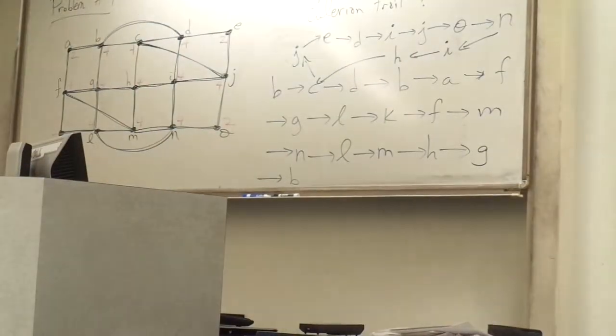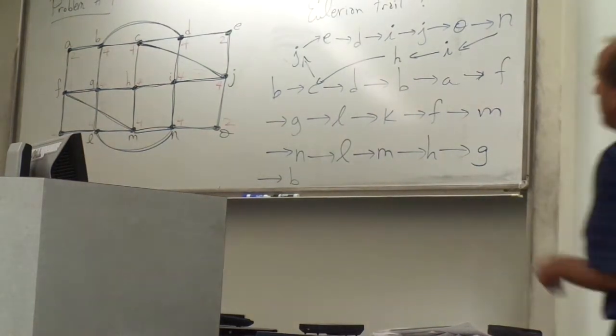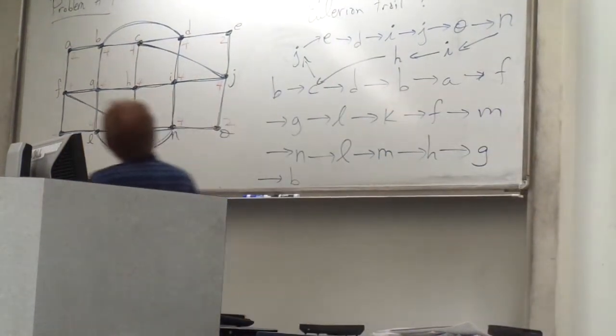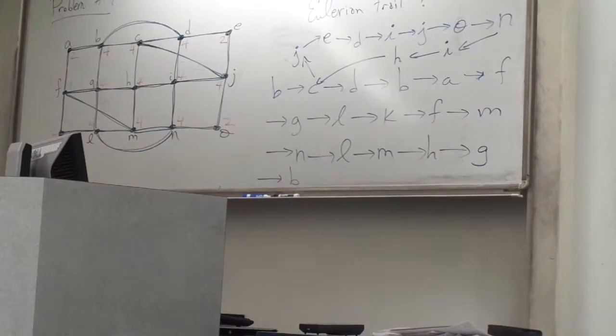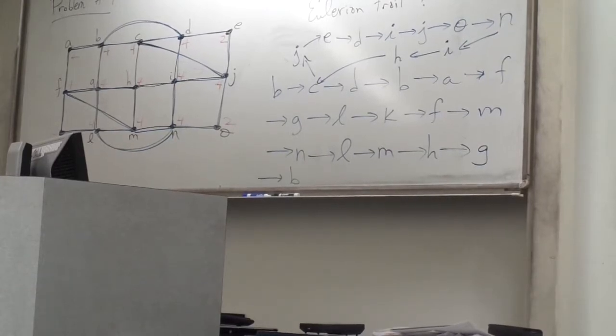Okay. So, is there a Hamilton cycle? You don't have to figure out yes or no right away. You can make some notes. What are the things that you know about such a Hamilton cycle?